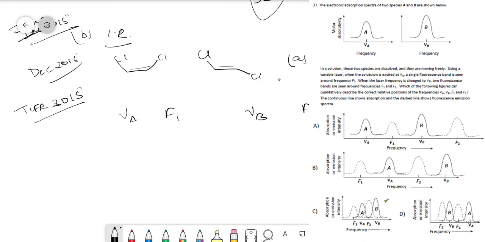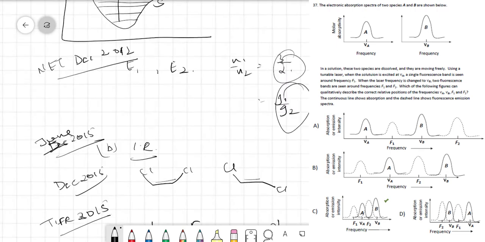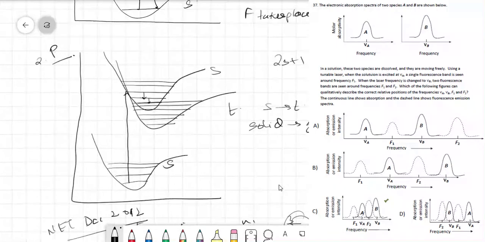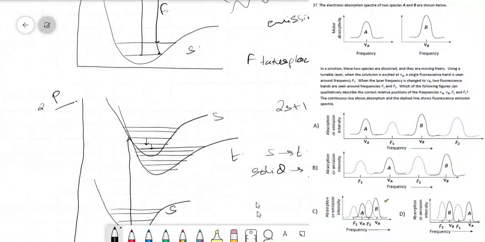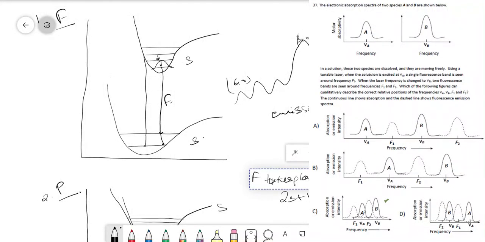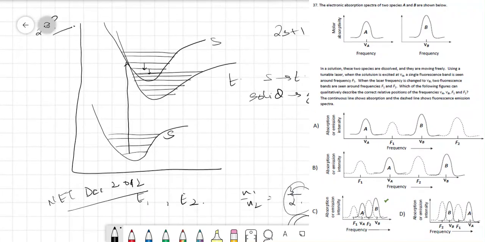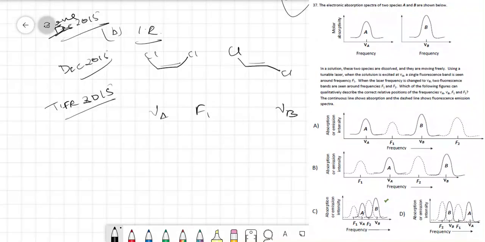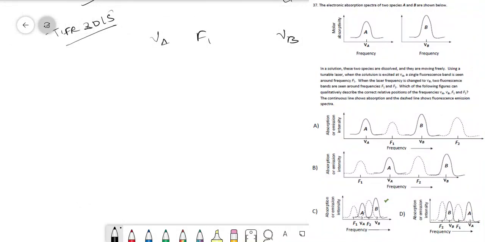The continuous line in the following figures describes the relative positions of the fluorescence. Now, you should remember, the frequency of the emission will always be lower than that of the absorption, because some amount of energy is always lost in internal motions.